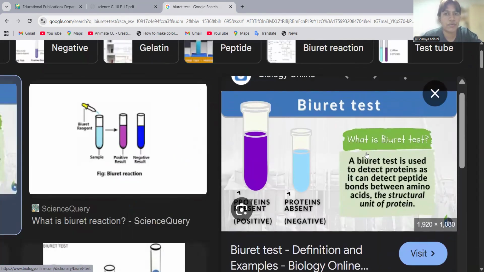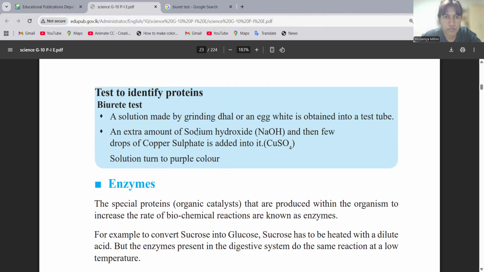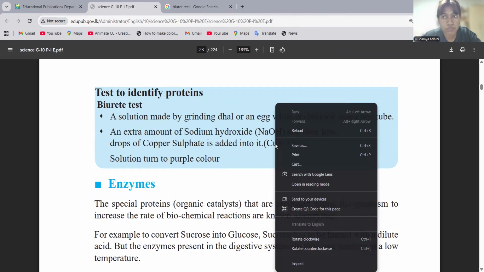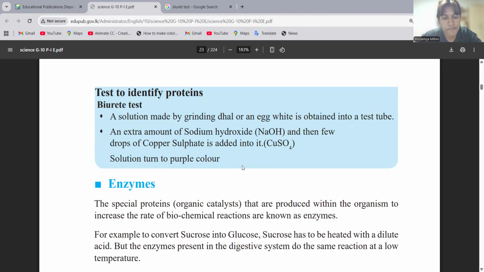In the biuret test, we take the protein, either dal or egg white, into a bowl. And then we pour in sodium hydroxide, NaOH, and copper sulfate, CuSO4, to obtain the reaction. And then you can see this turns into a purple color, the egg white or the ground dal.